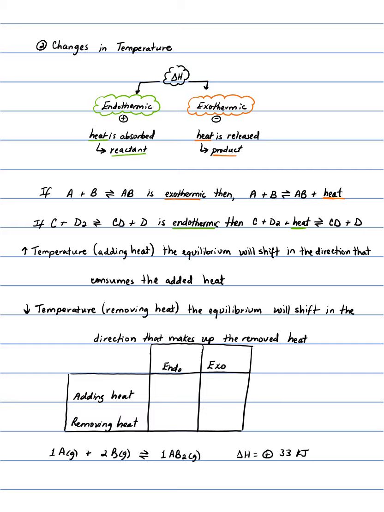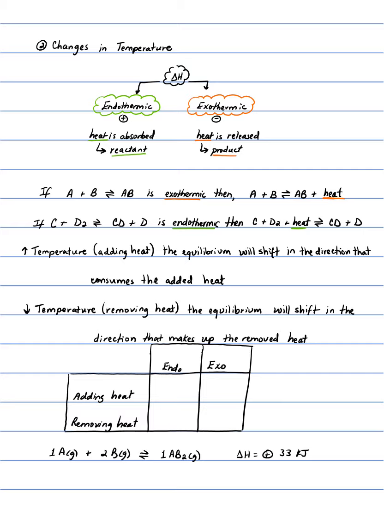So the heat will be a reactant. Without that amount of heat, that reaction is not going to happen. If you have an exothermic reaction, your reaction is releasing heat, so the amount of heat is a product because the reaction is actually giving off that amount of heat. With an exothermic reaction, the amount of heat is a product of the reaction. With an endothermic reaction, the amount of heat is a reactant for that reaction.